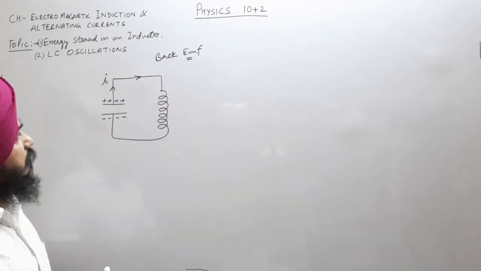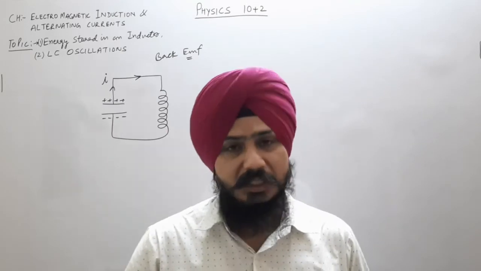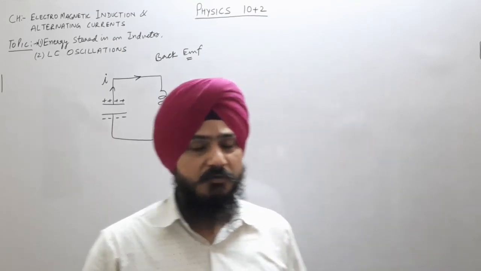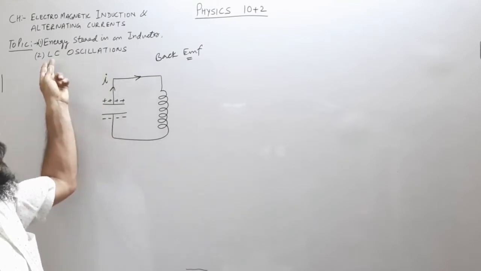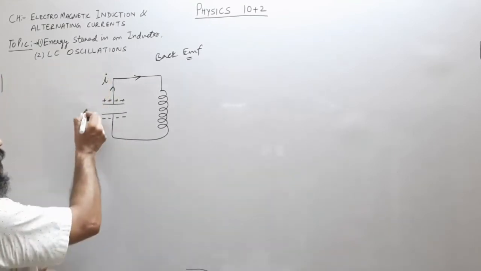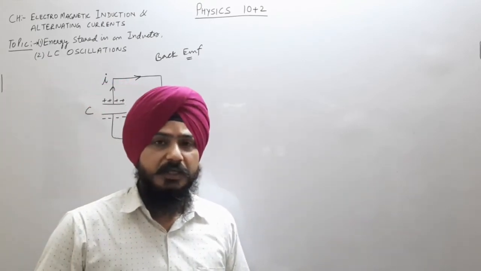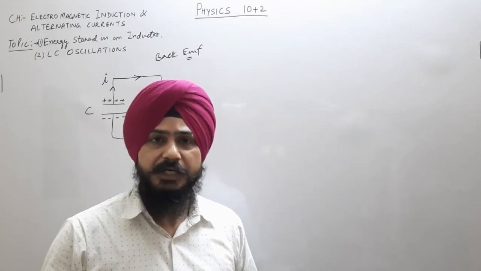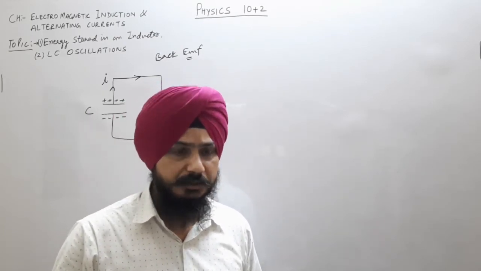Now we will study how this happens with the help of some oscillations, and why these are called LC oscillations. Whenever a charged capacitor and an inductor are connected in parallel, a number of oscillations take place within the circuit.